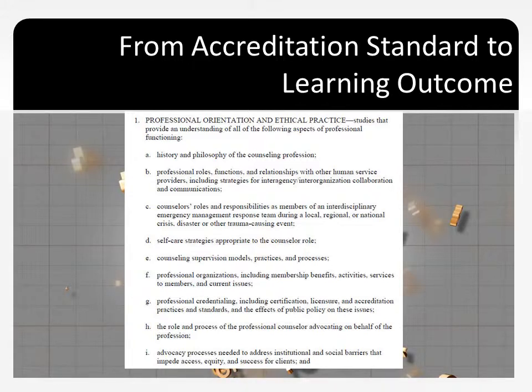And then the components of that domain are listed beneath. And those components would lend themselves to course learning outcomes, where the larger domain would lend itself to a program learning outcome. And you want to really think about what is expressed in that domain. In this case, it's professional orientation and ethical practice.